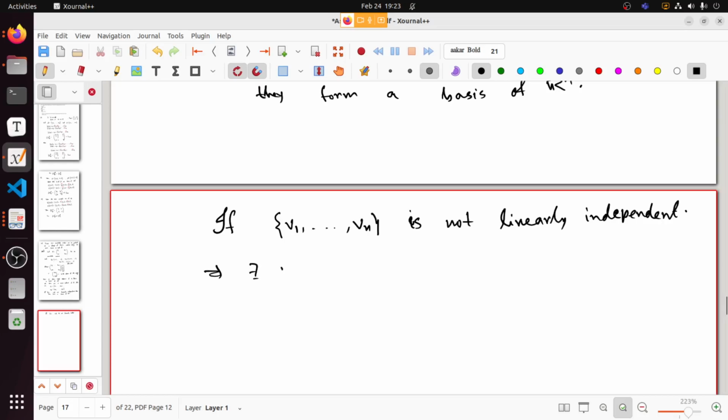Then there exist scalars beta 1, beta 2, ..., beta n such that beta 1 v1 plus ... plus beta n vn equals zero.